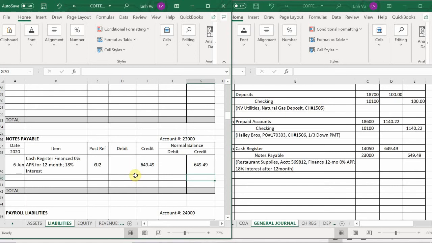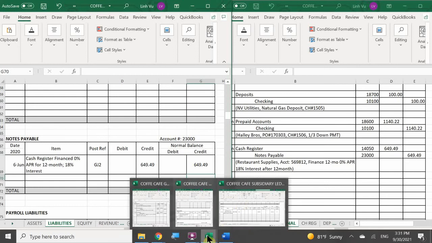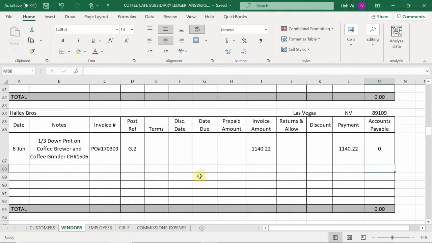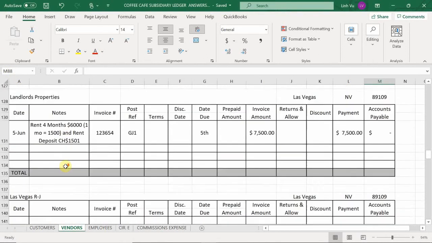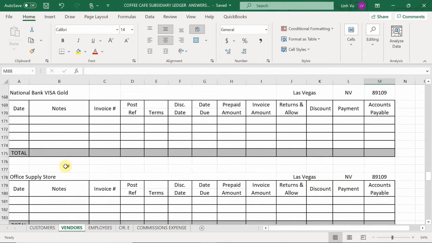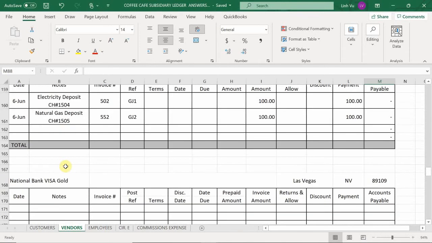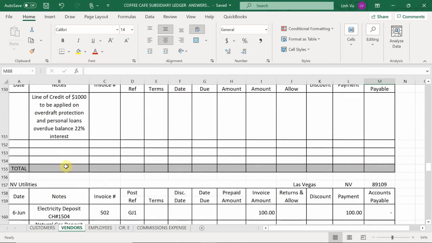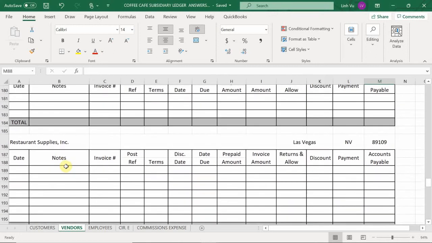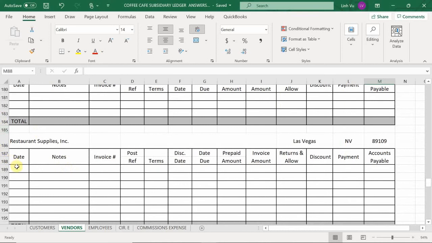So let's go ahead and take a look at our subsidiary ledger, because this time we have something from restaurant supplies. Here we go. National Bank, office supplies, restaurant supplies. Here we are. The date is going to be the 6th. We're still on the 6th. What can you enter here?